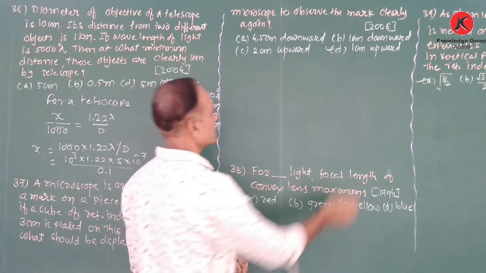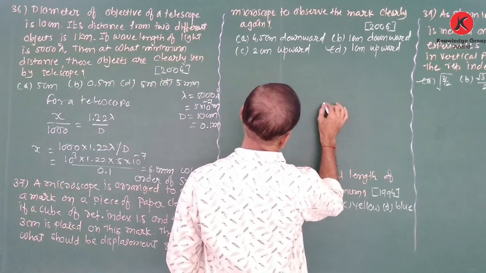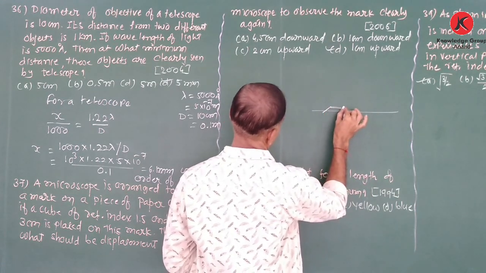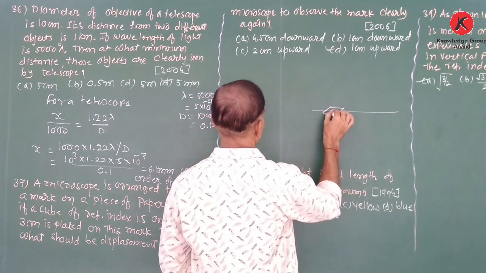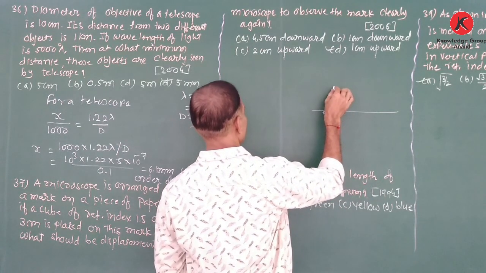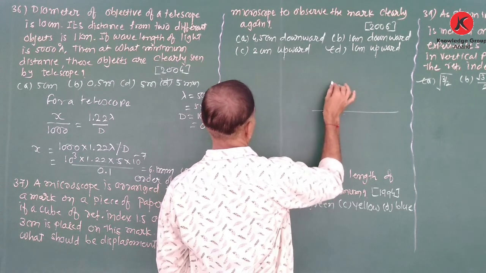Now what does it say? Here one mark is given on this paper. This mark is observed by the microscope.